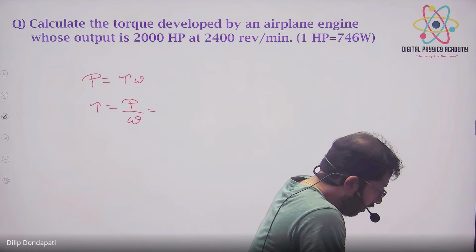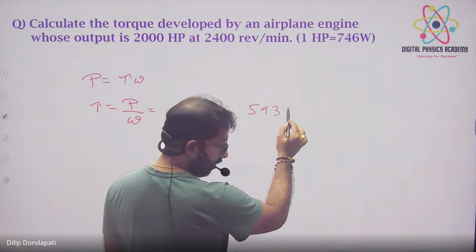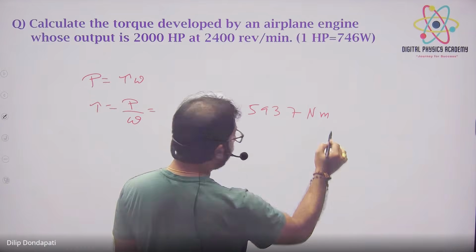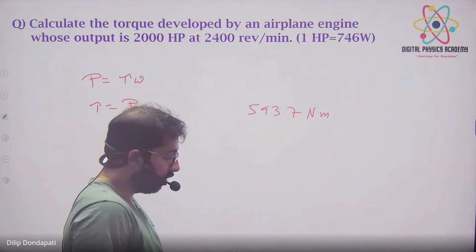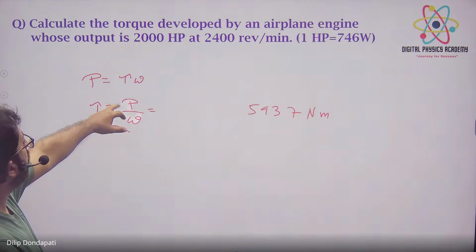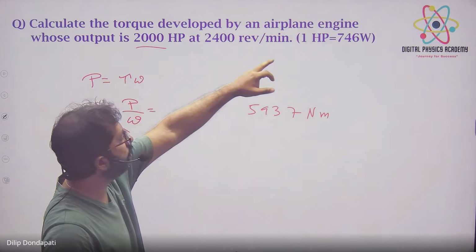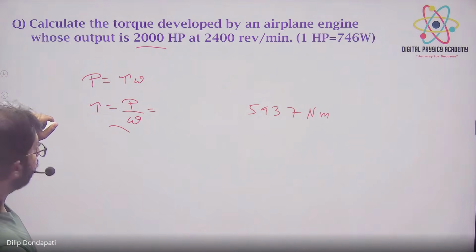If you use 3.15, then 5937 is the answer. Okay, approximate answer, you can take 3. Understood? So omega is equal to 2 pi f, and the horsepower we have to convert into 746 watts. Yeah, got it. Next.